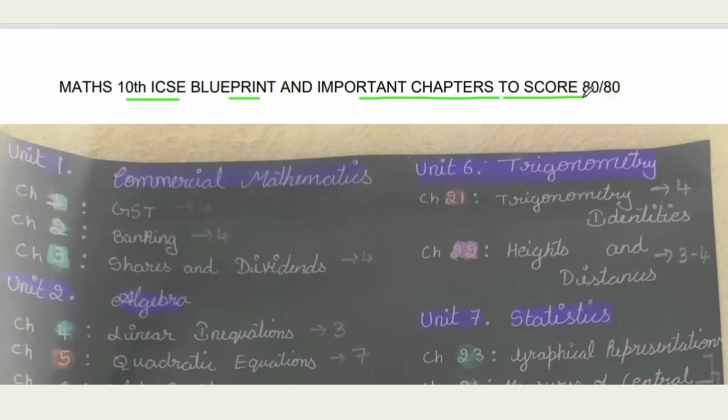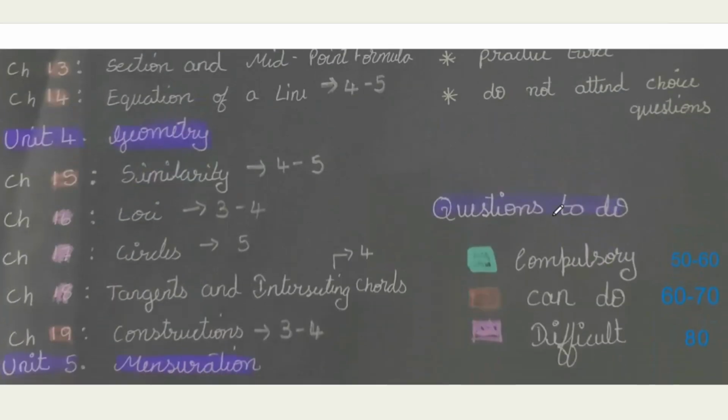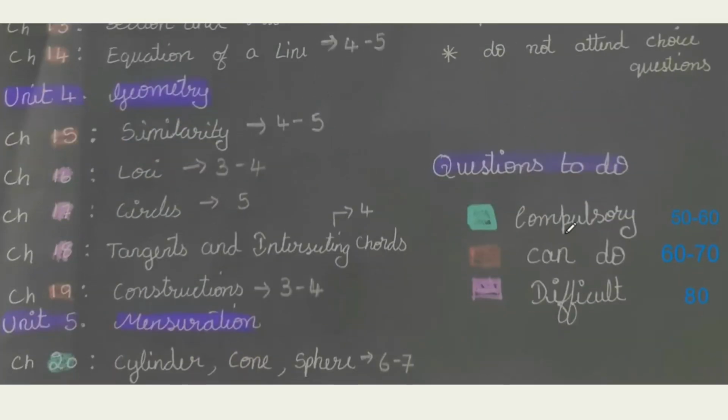So I have categorized the chapters into three parts. Those are compulsory, which we may get around 50 to 60 marks, can do chapters which we could score 60 to 70 marks, and difficult chapters.